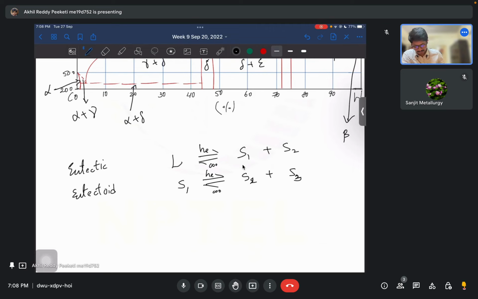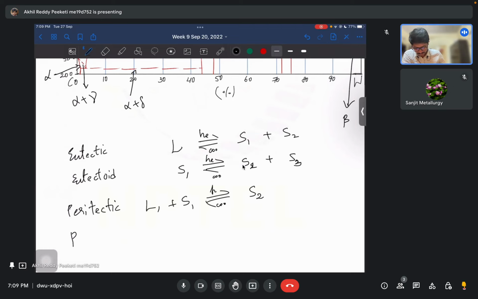Okay. And then peritectic would be liquid plus solid converting to a new type of solid, and peritectoid would be two solids converting to some new type of solid.